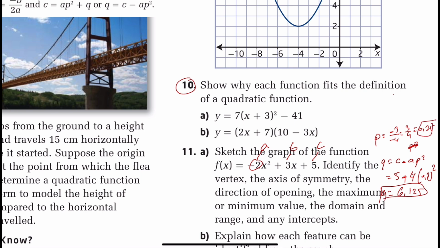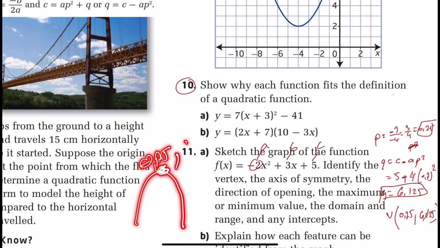So my vertex, the changing point, is 0.75 and 6.125. Okay, I know now, because my A is negative, my parabola is looking down, the vertex is 0.75 and 6.125.